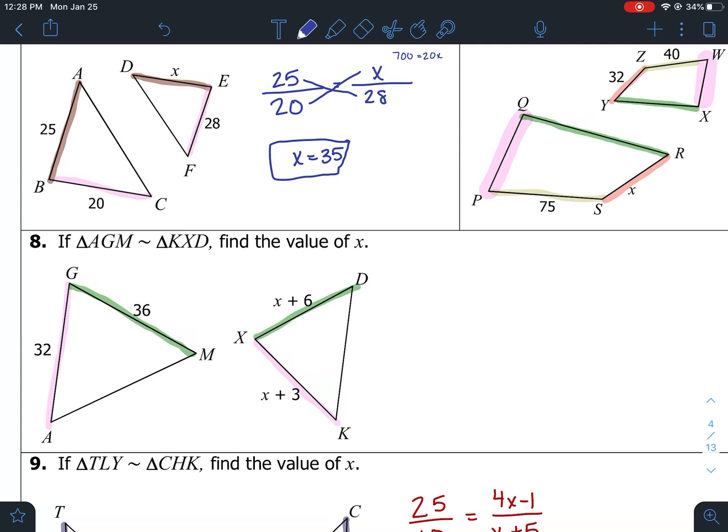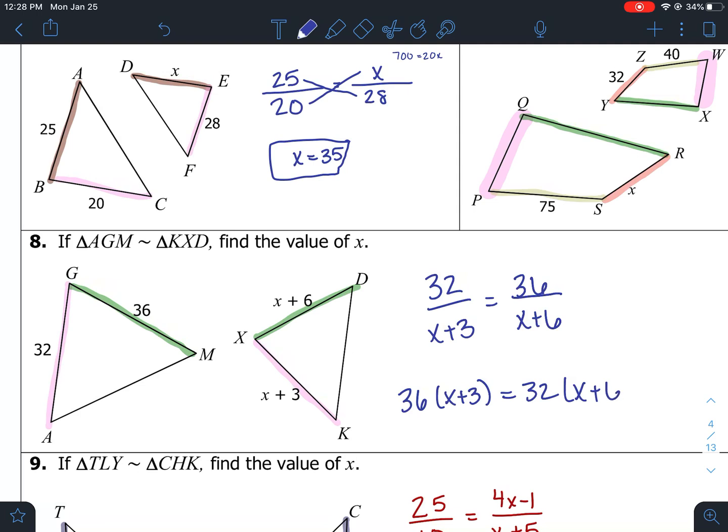So I'm going to do big 32 over x plus 3 equals, so I did pink first, now I'm going to do green, 36 over x plus 6. Again, very similar to how we solved it yesterday. So you're going to cross multiply: 36 times x plus 3 equals 32 times x plus 6.